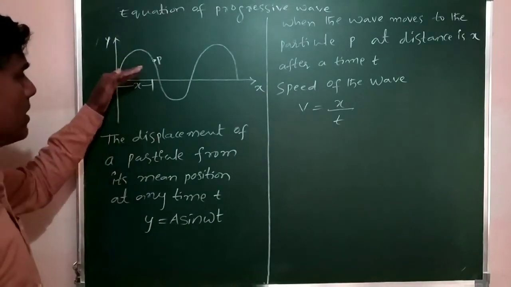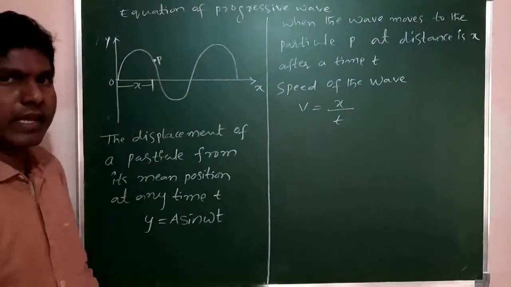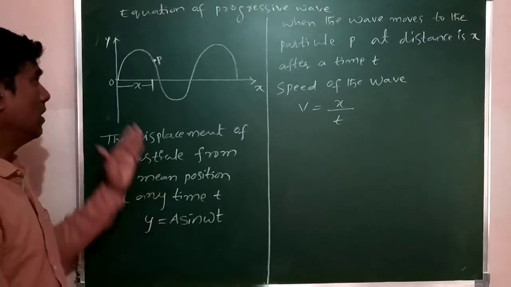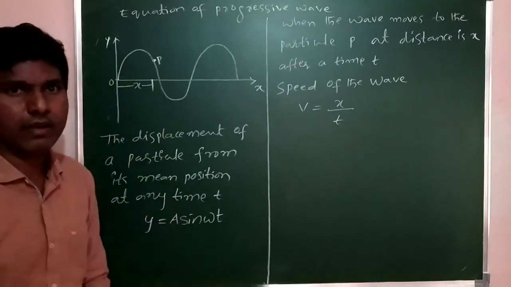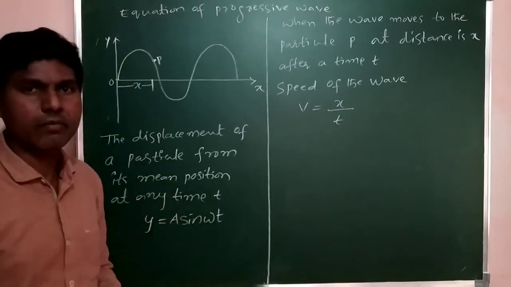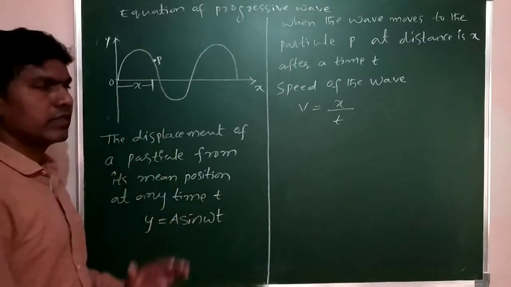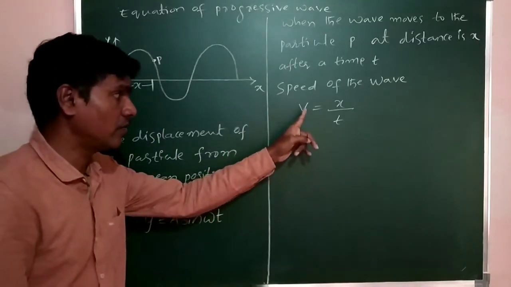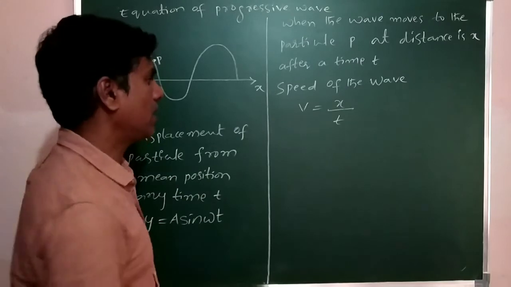The wave is traveling along the x direction. When it reaches the particle P after a time t, the speed of this wave can be written as v equal to x by t.